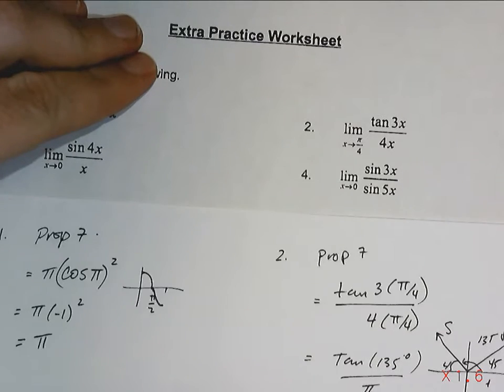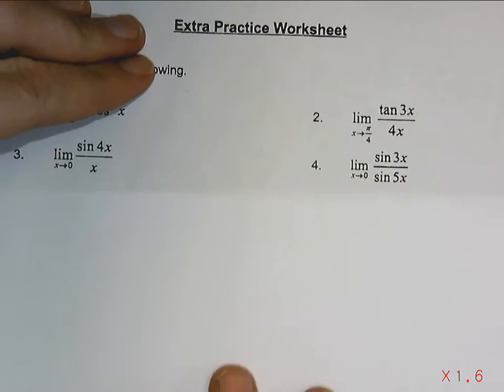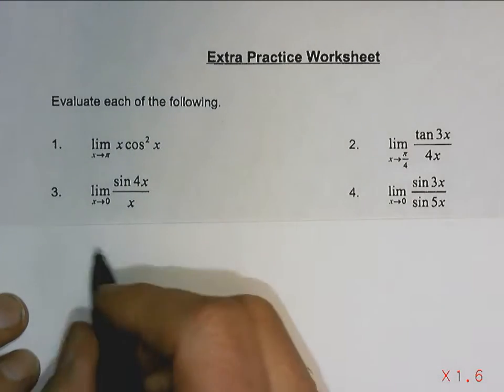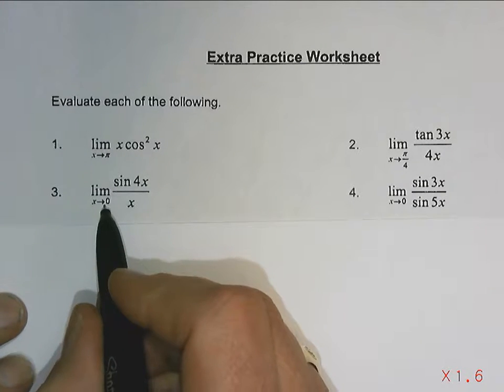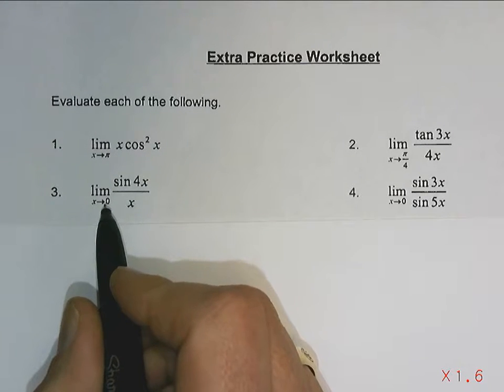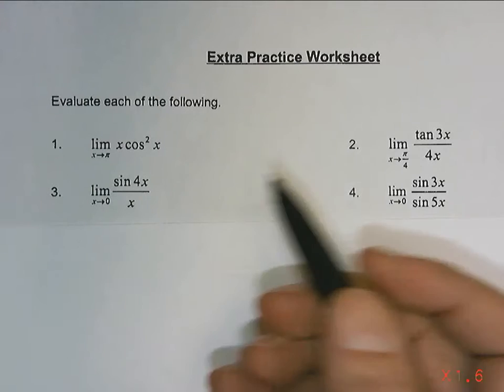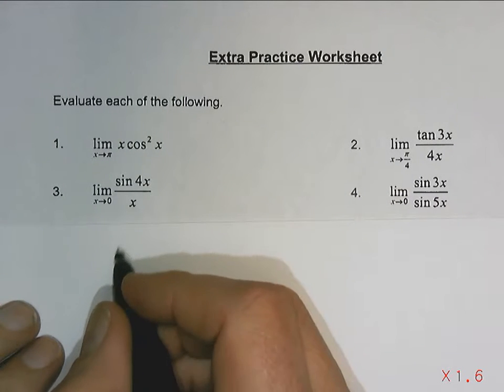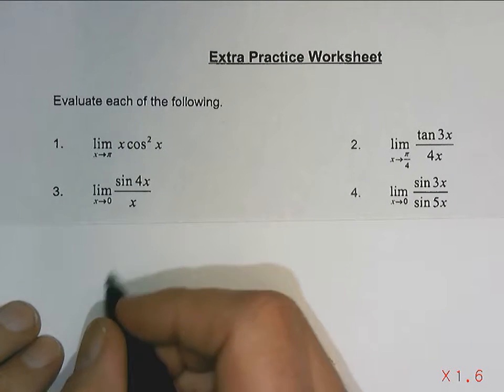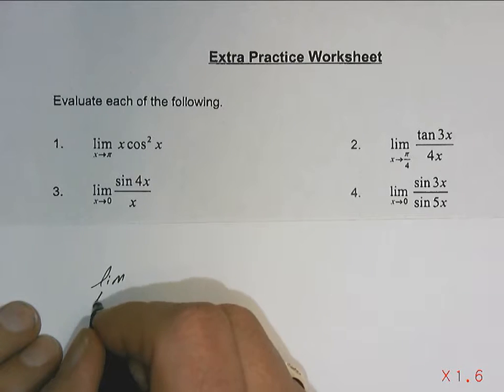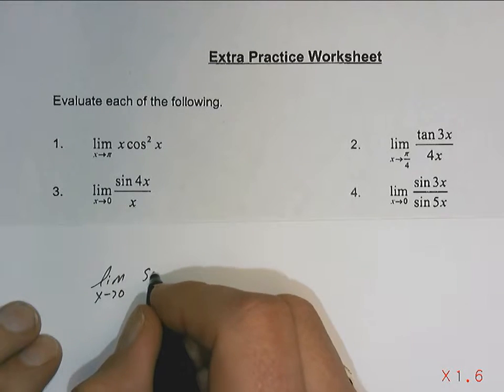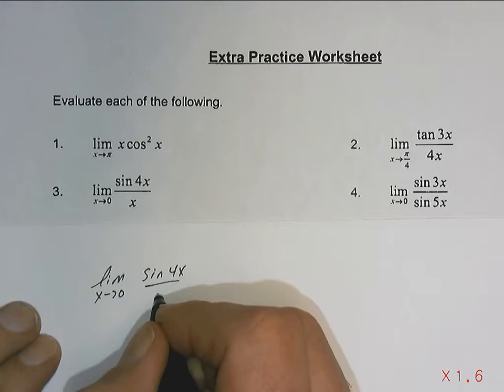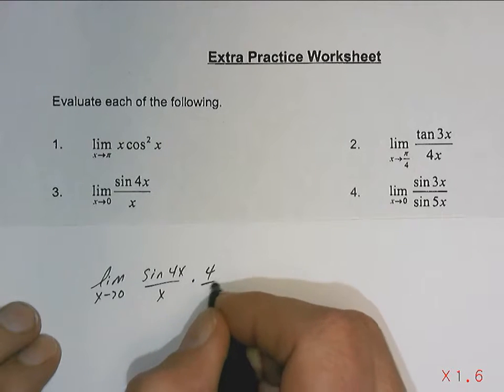Let's look at the next two. The limit as x approaches 0 of sine 4x over x. If I allow property 7 to happen, it'll be sine of 0 over 0, which is indeterminate, so I need to do some work. There's a theorem that I can use here, but I'm happy to think about it. What I would really like to do is to get a 4x on the bottom.